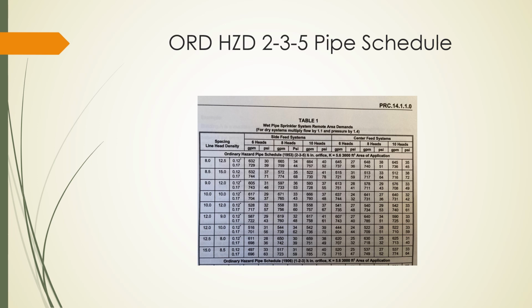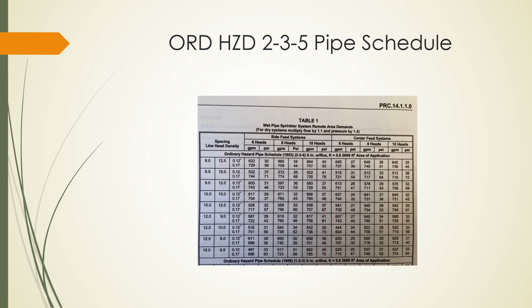If you don't know the difference between wet and dry pipe, this may not be the video for you, but if you have some understanding, it'll go a lot easier. So what it's doing here is it's going to provide us with the pressure and the water required to meet a certain design for an occupancy. Let's just go through this.